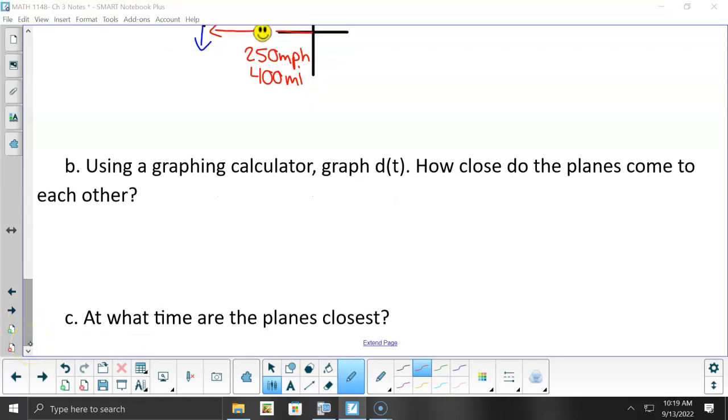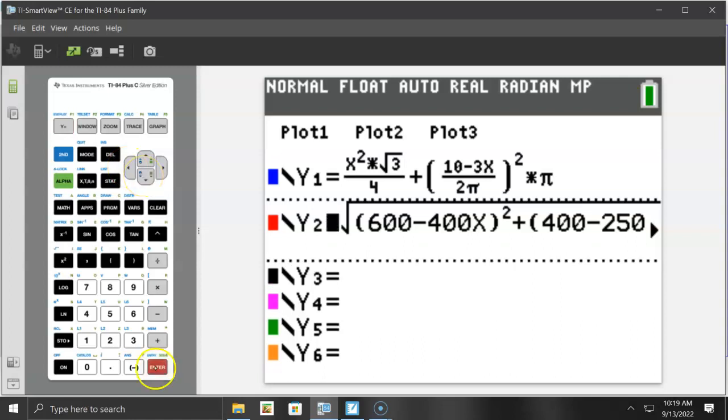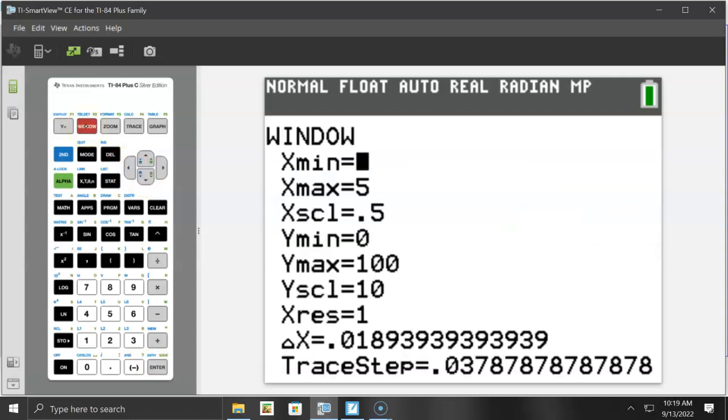And then I'm going to put up my window so you guys can see what to set your window settings at, so you can see everything. The question was how close do they get? And then the second one is, at what time do they get really close to each other?